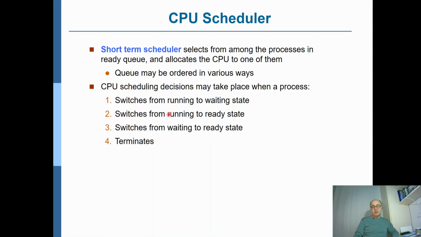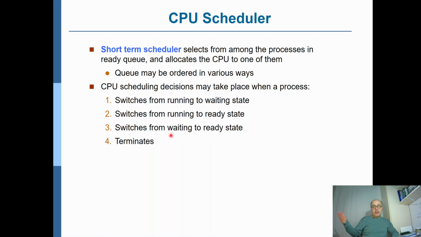the running state. Or an alternative case where we need to make a scheduling decision is when the process switches from the waiting state to the ready state. Now, when does that happen? If the process is in the waiting state, that means earlier it had requested some I/O operation. That I/O operation was hopefully started, and the I/O operation completed.